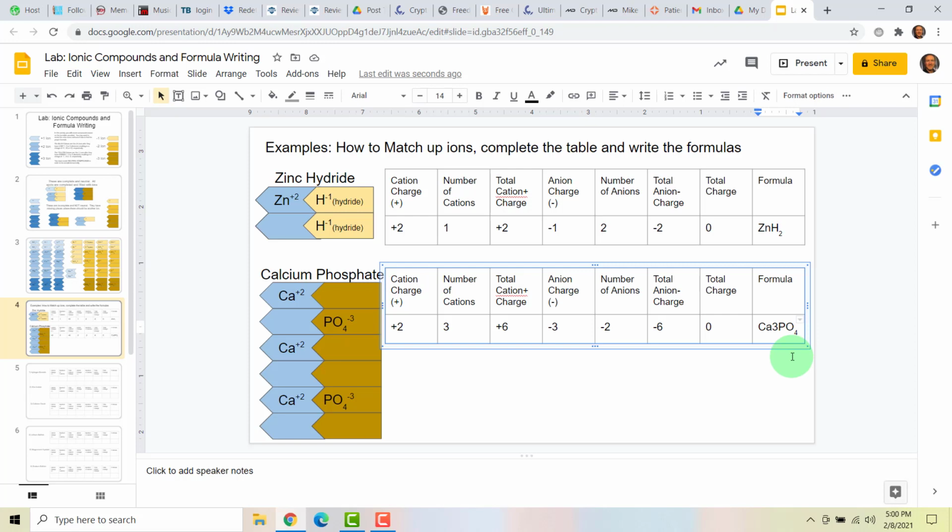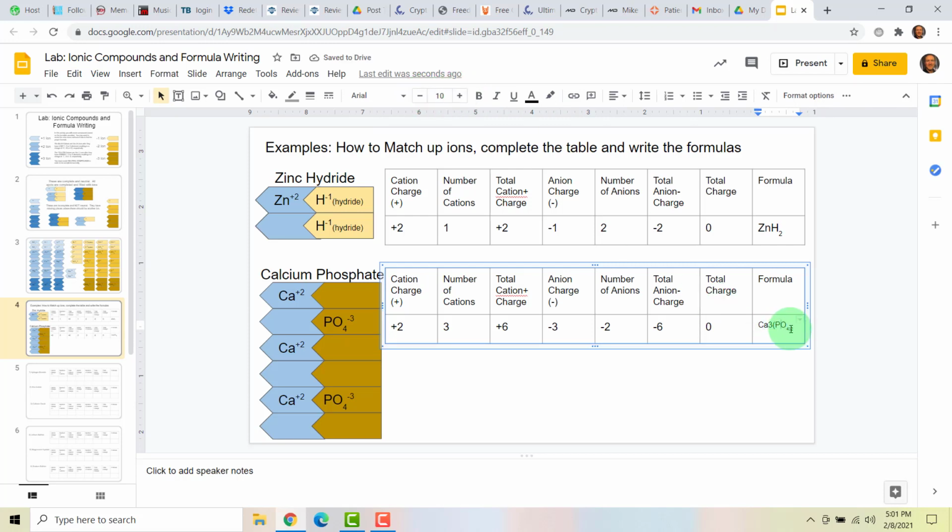So I have 2 phosphate groups, but we need to make sure that we're in a parentheses. And so in my parentheses, I don't want PO42, I want PO4 twice. And so we may need to shrink the size of your letters down. Notice my font was 14, that was a little too big.